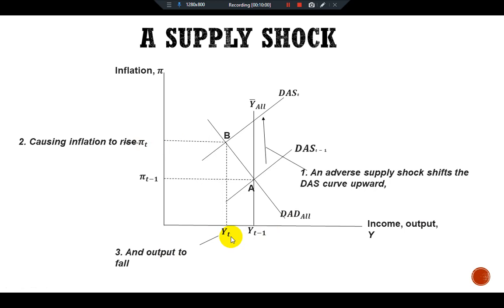Okay, the economy's short-run equilibrium moves from point A to point B. Inflation rises and output falls. In the subsequent period, t plus 1, we have a reduction in supply, that is DAS t plus 1.